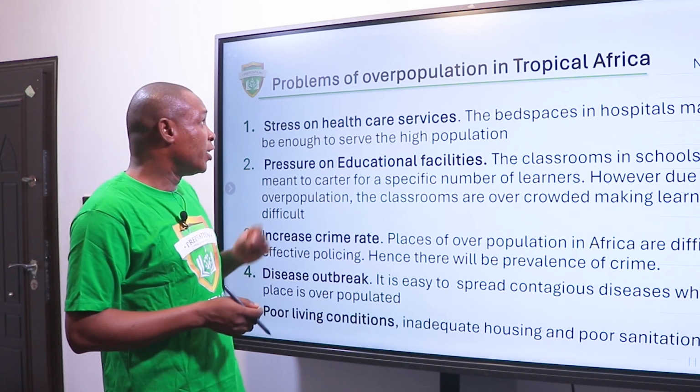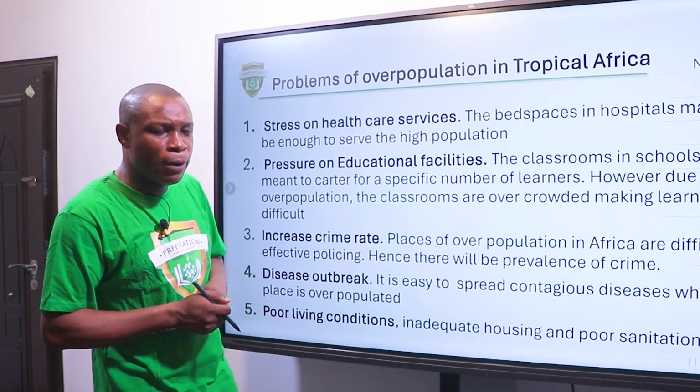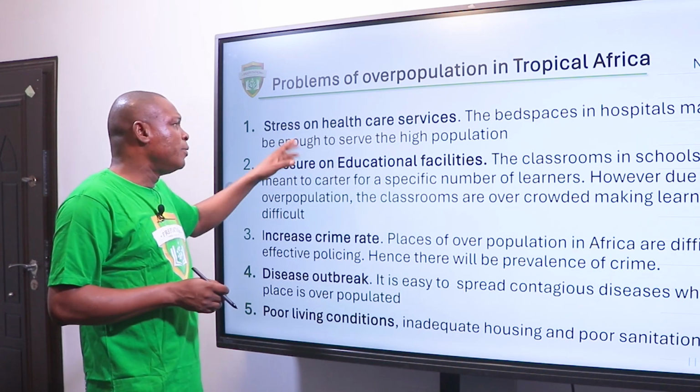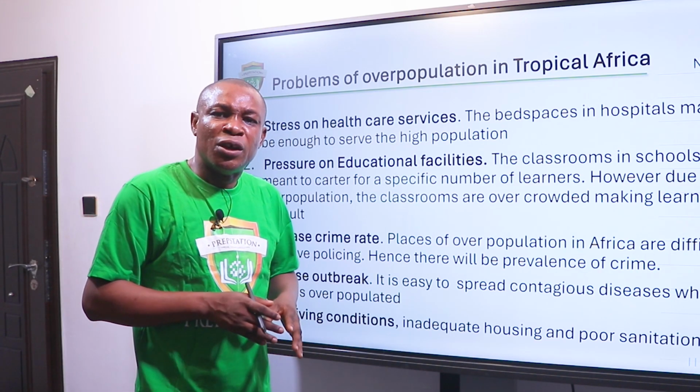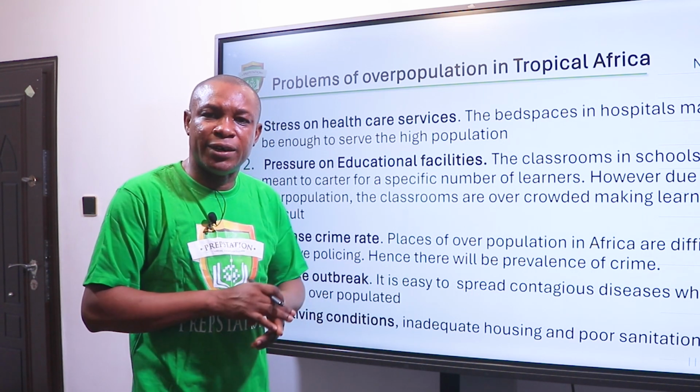Problems associated with overpopulation. There will be stress on the healthcare facilities. You go to the hospitals, the bed spaces will be filled up. You go to schools, you see the classrooms overcrowded.